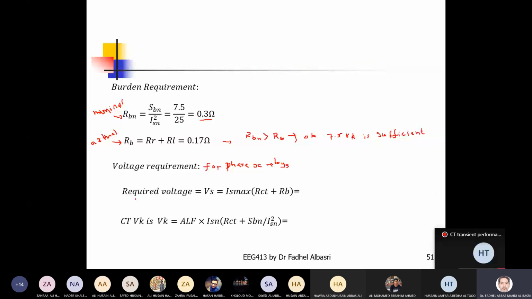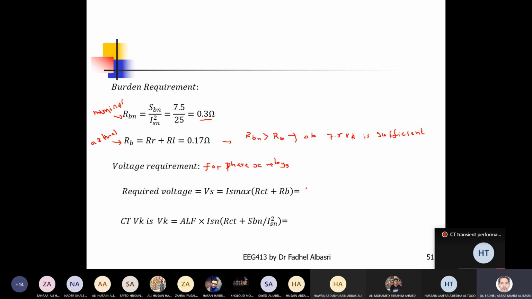So this is what I'll say: the required voltage Vs at the secondary side of the CT at maximum short circuit, which is I secondary maximum, times RCT plus R burden.